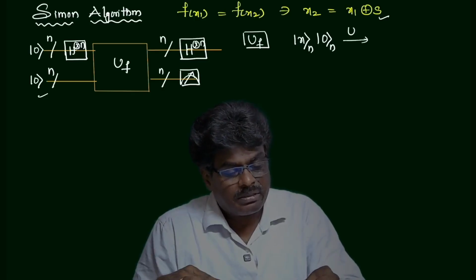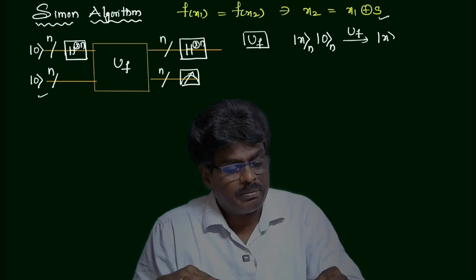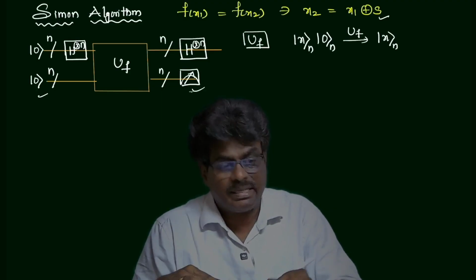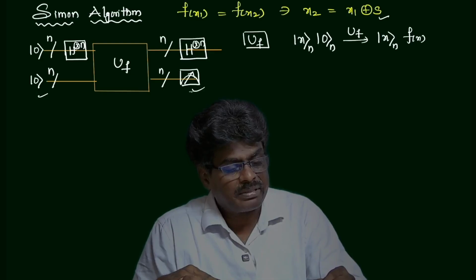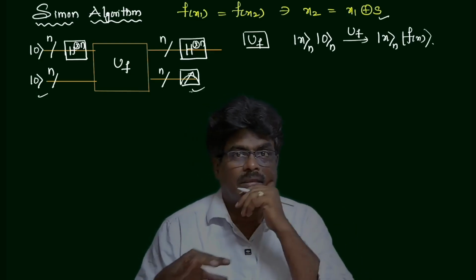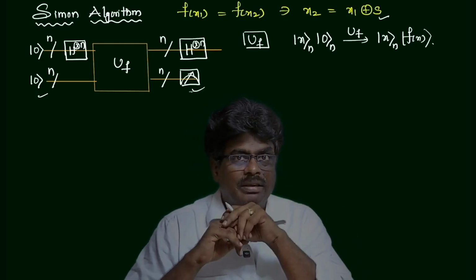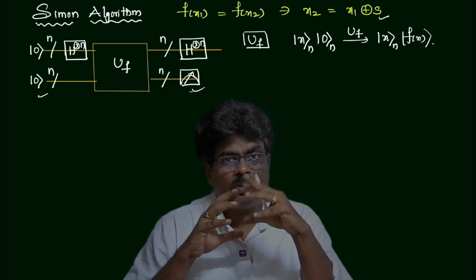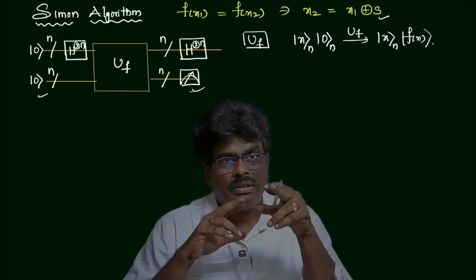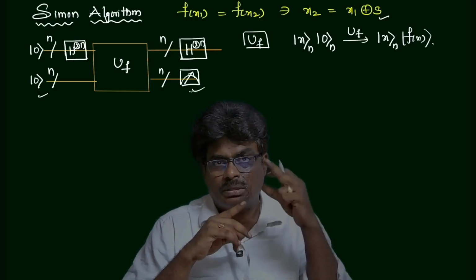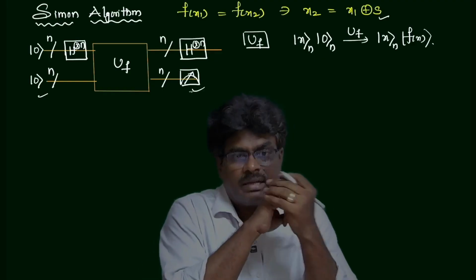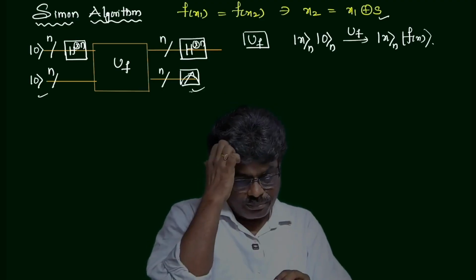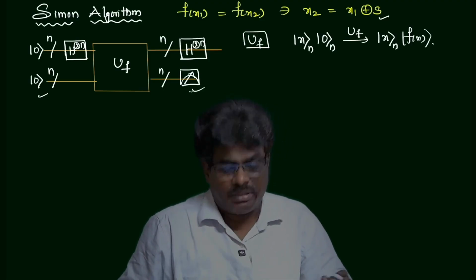Under this UF, once you measure the second register, you will get f of x. But remember, any two arbitrary inputs having the same output are related by this periodicity s, that is the most important. Okay, fine. Now let us proceed to solve this circuit.